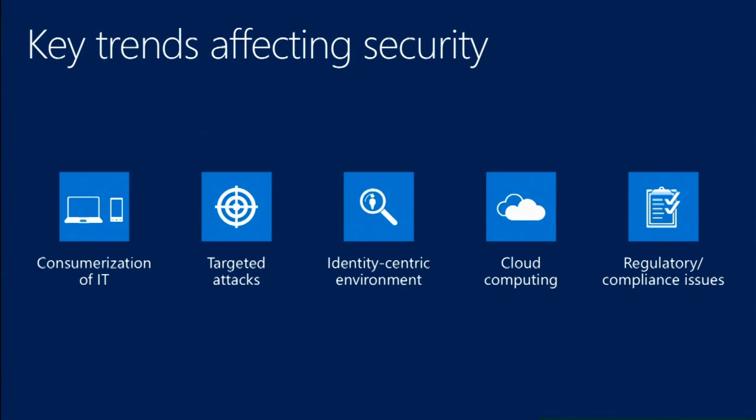The second one, equally important, is targeted attacks, right? There was a time when we used to hear all the time in the news about hackers hacking into computers and organizations. It used to be more for fun, just to cause nuisance. Now it's become a much more targeted type of attack, right?